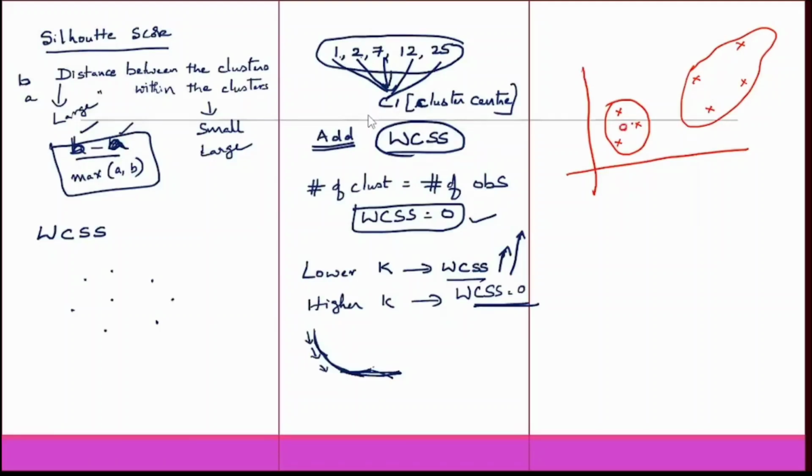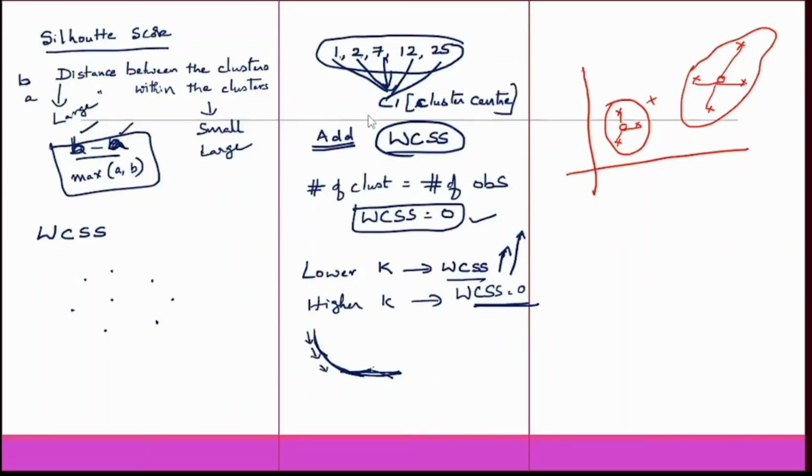This will become the cluster center here, and this will become the cluster center here. This is the within cluster sum of squares that you take for each of the clusters. And I can also find out the total sum of squares. This total plus this total will give me the total within cluster sum of squares.